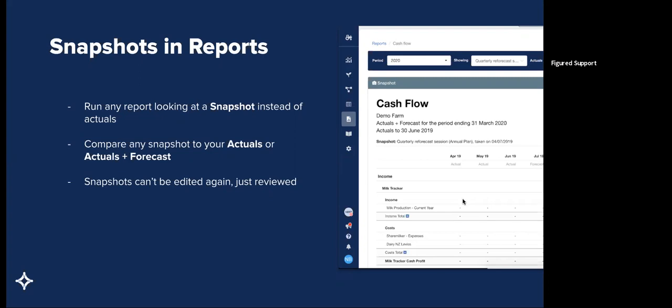There's no limit to how many you can take, and we can then open up reports and find those and surface those up. You can compare snapshots with your actuals and your live forecast, or you can use a snapshot, I should say, instead of looking at your actuals and live forecast. So a couple of options that'll make a lot more sense when we're actually in our reporting area.